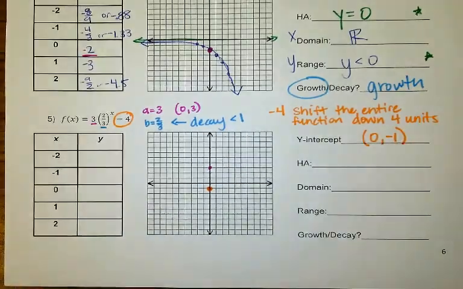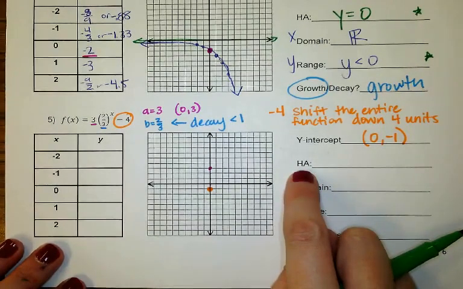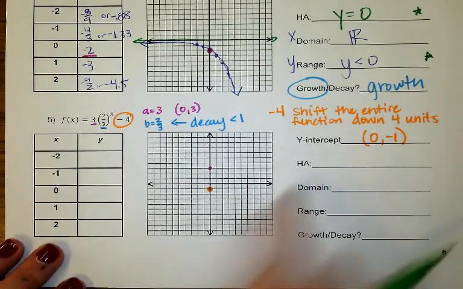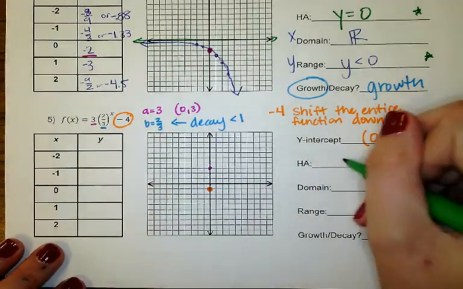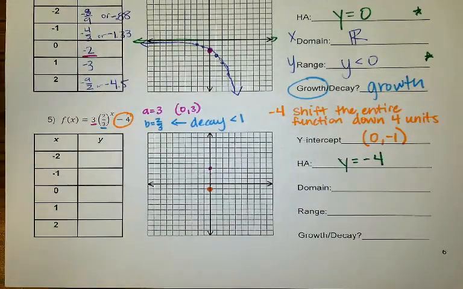This is the only time things get shifted. What do you think is also going to happen to your horizontal asymptote? It's not going to be y equals 0. If we shift it down 4, it's going to be y equals -4 because it got shifted down. Does that make sense, y'all? So that -4 is going to affect your y-intercept and your horizontal asymptote.